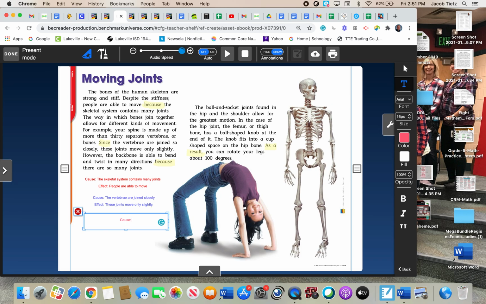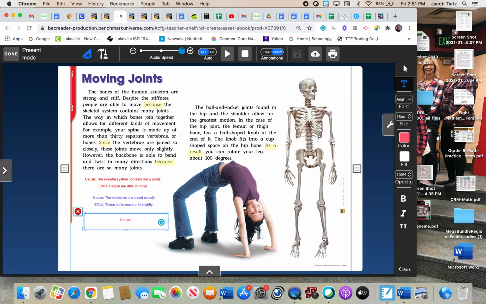So the knob fits into the cup-shaped space on the hip bone. As a result, you can rotate your legs 100 degrees. So the as a result is going to be our effect. What is the cause? What allows us to rotate our leg 100 degrees?